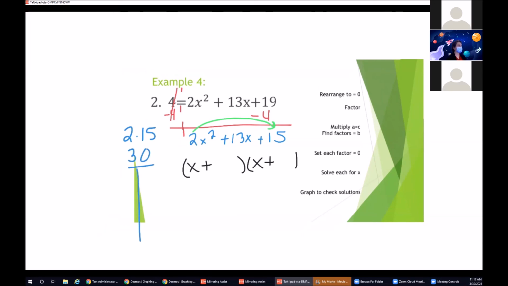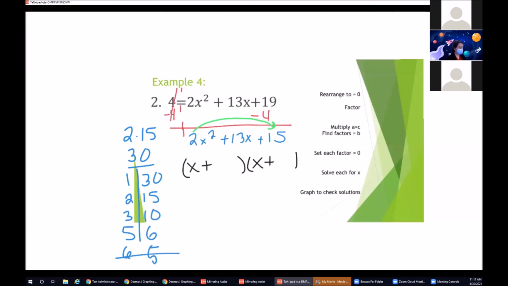And what are the factors of 30? 1 and 30, 2 and 15. One more. 4 doesn't work. 5 and 6, good job. And then 6 and 5, we stop.